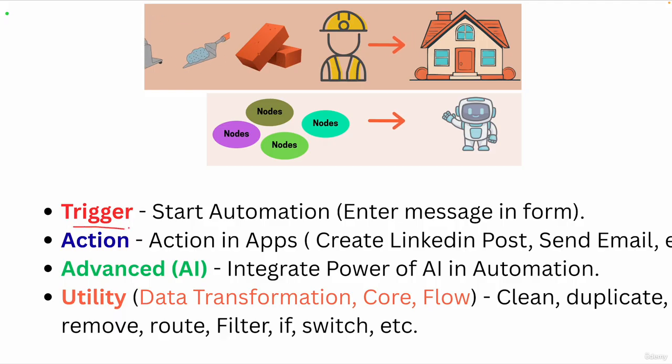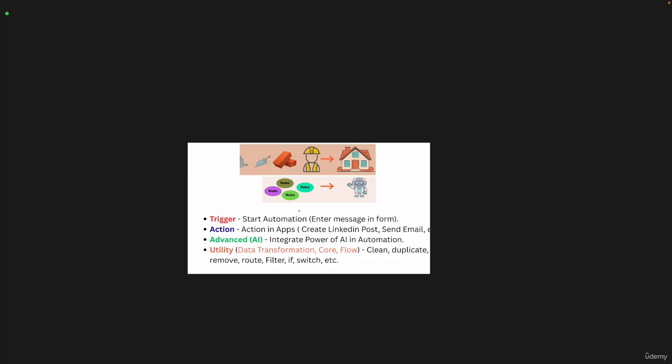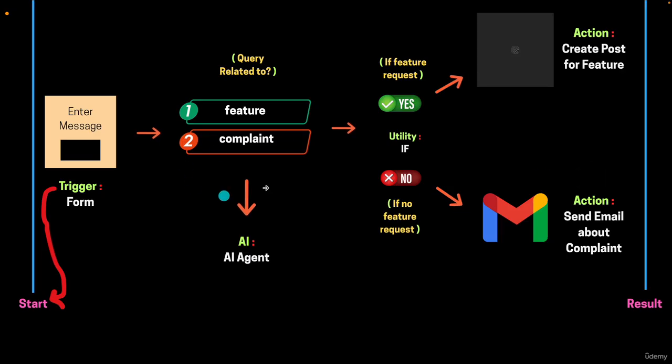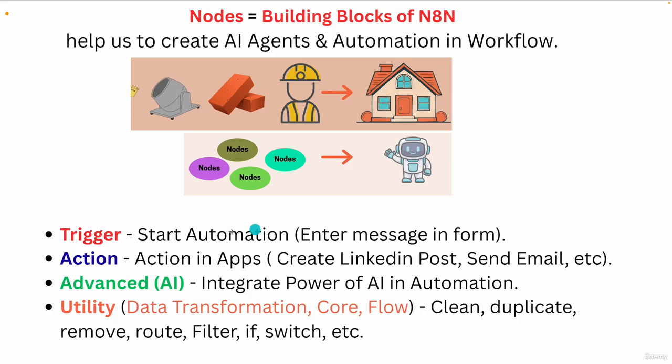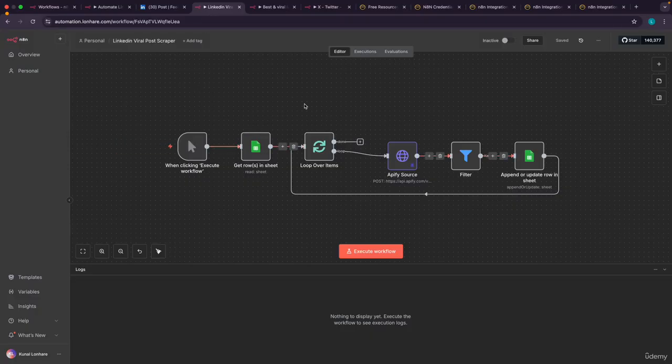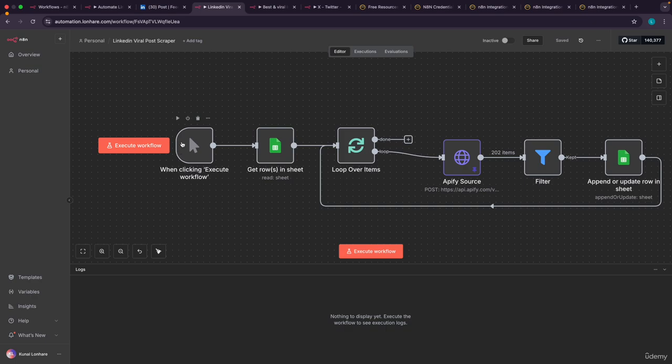First is the trigger. Trigger basically helps to start the automation. Whatever automation we are going to build in future, all of these automations will start in some way.